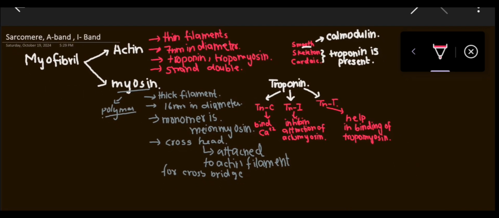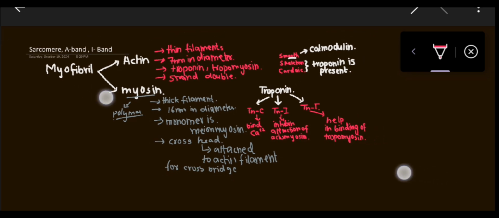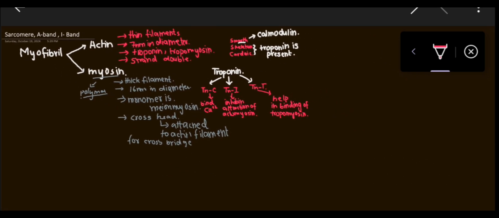Now here the concept is the organization of the actin and myosin filaments. The organization of actin and myosin filaments develops the light and dark bands.